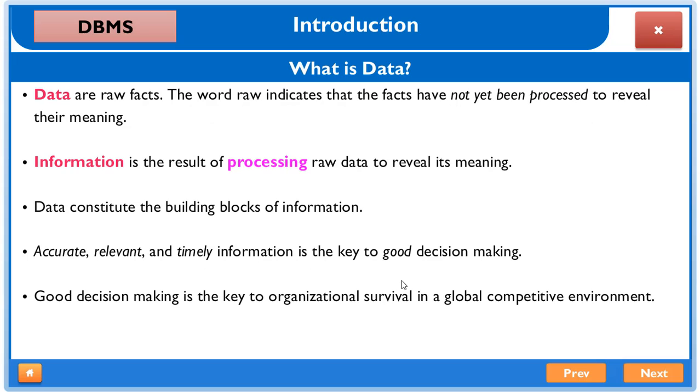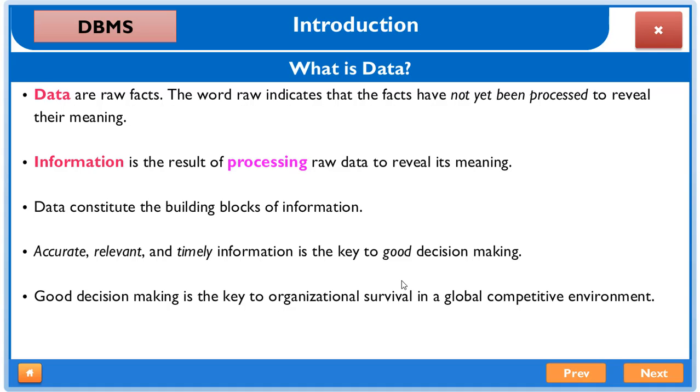Now let us formally define data. Data are raw facts. The word raw indicates that the facts have not yet been processed to reveal their meaning. So, data means facts. Suppose you are a student, your name, your address, your date of birth, your branch, your course, your roll number, your college name, all are data for you.